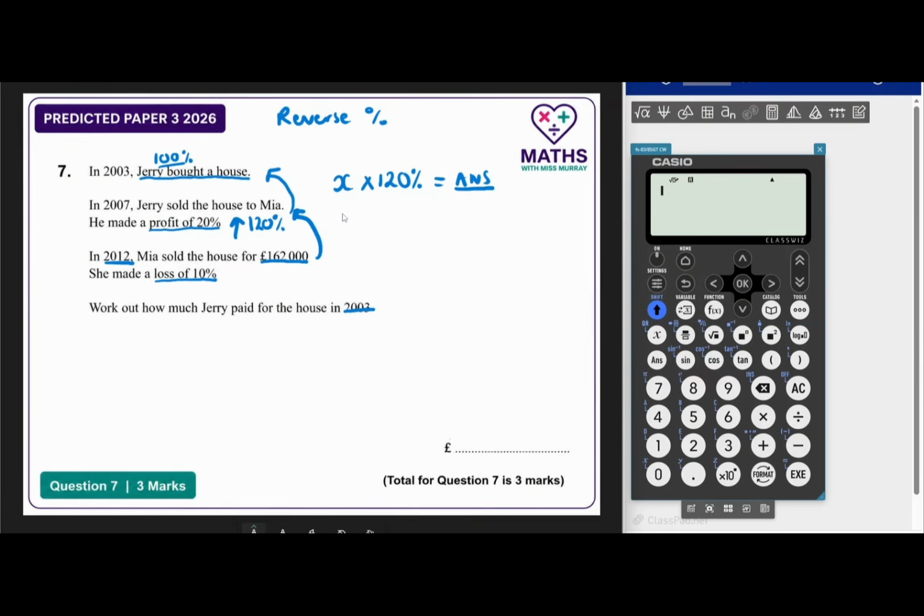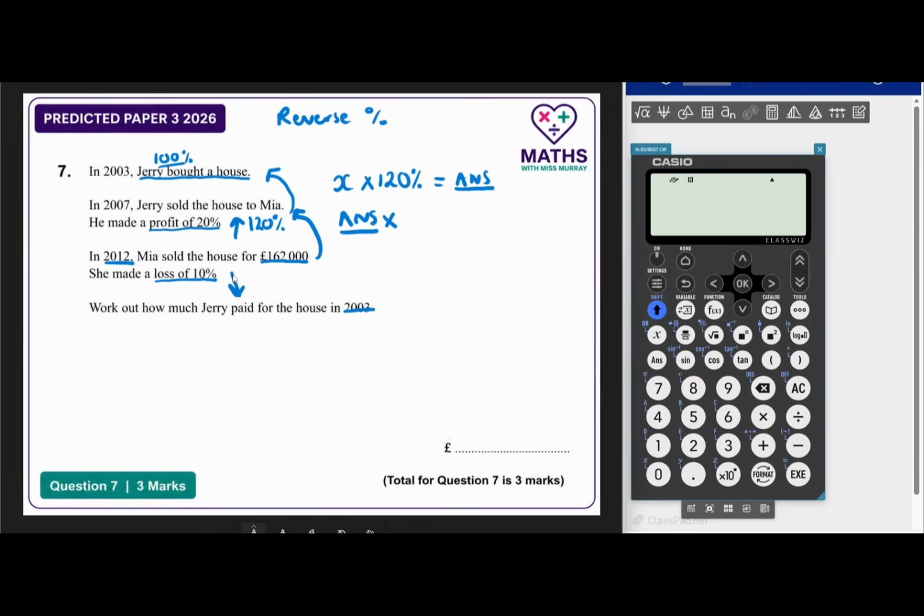So then I would have taken that answer here because that is how much the house is worth. He then sold the house. Mia then sold the house for $162,000 and she made a loss of 10%. So whatever the house was worth, it went down by 10%.